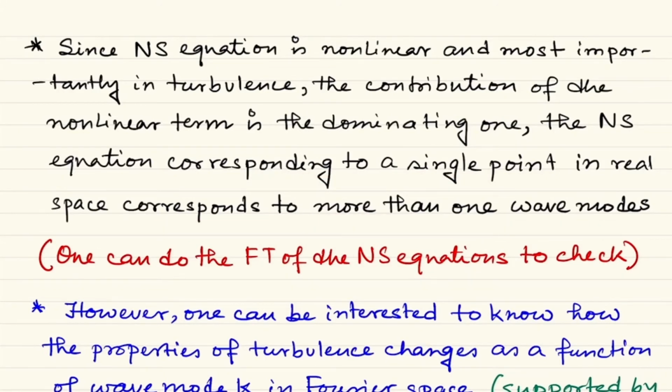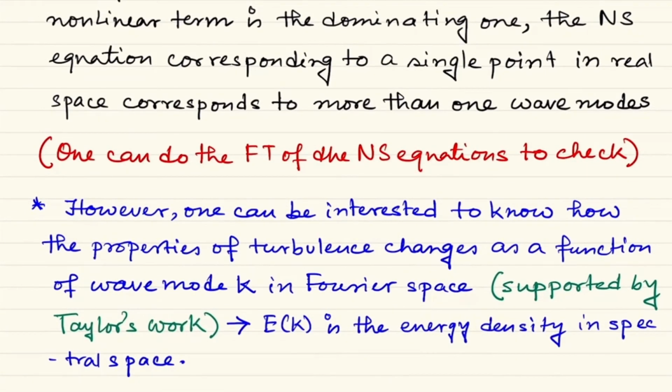Maybe if you are interested you can see any standard textbook of turbulence. The nonlinear term of the Navier-Stokes equation involves three wave modes p, q and k, such that p plus q is equal to k.